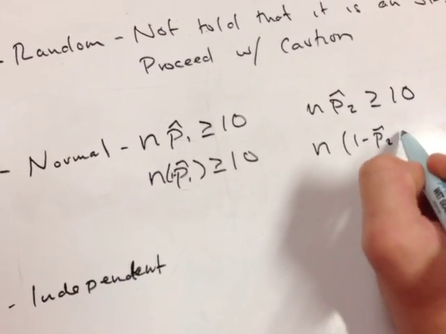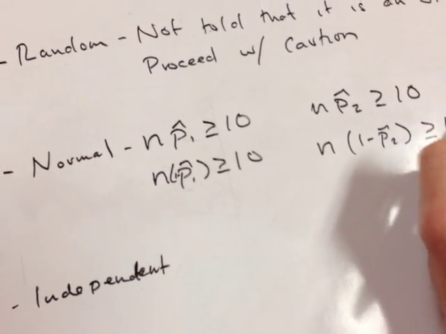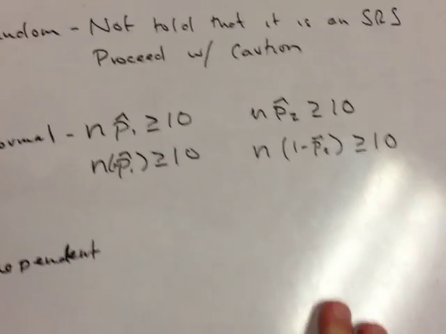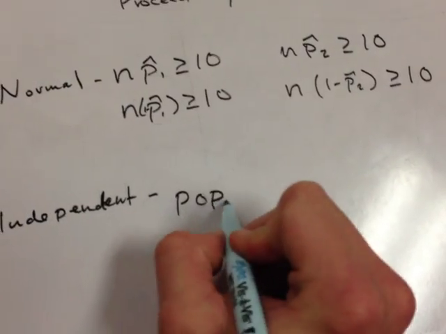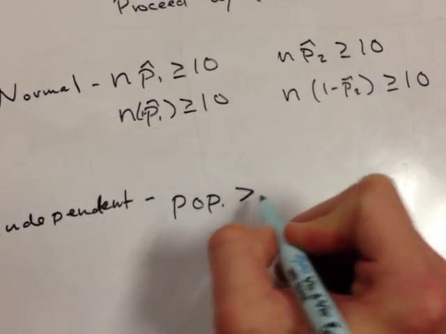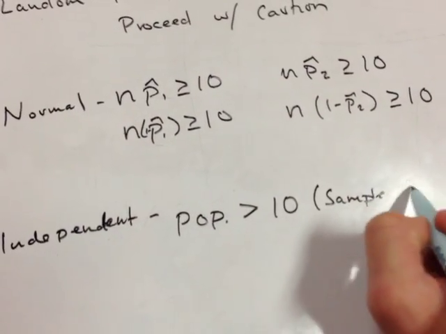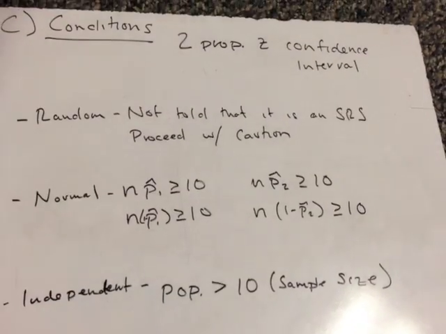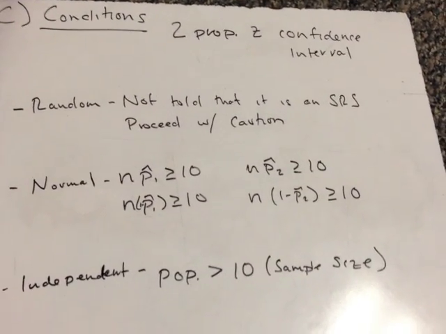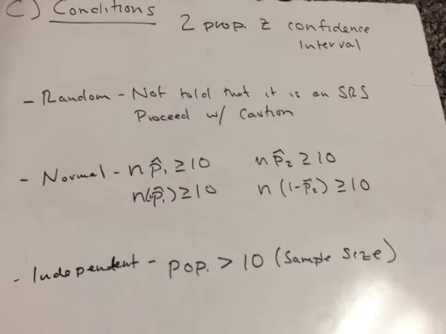You're going to want to calculate all of that out, but it does work in this problem. For independent, we want the population to be greater than 10 times the sample size, and in this problem it also is. So there is your first C for your ICCI.